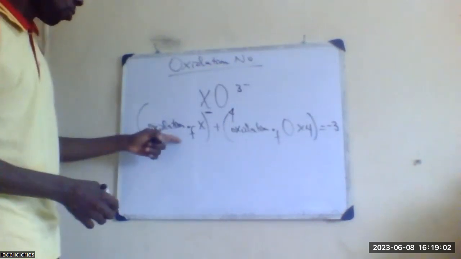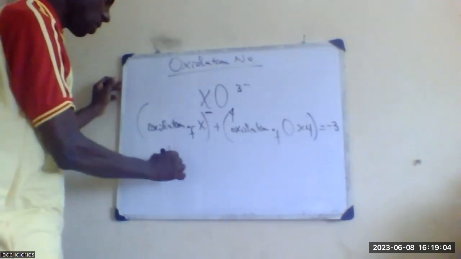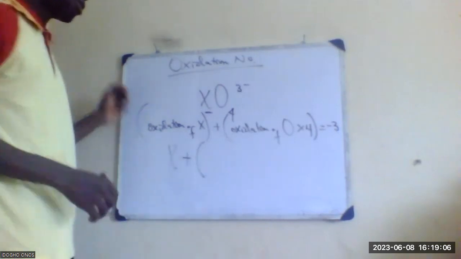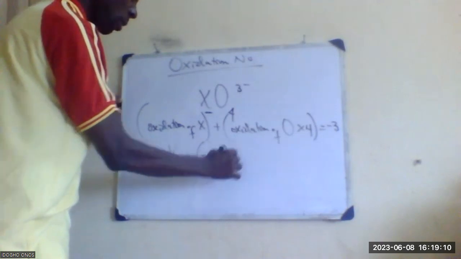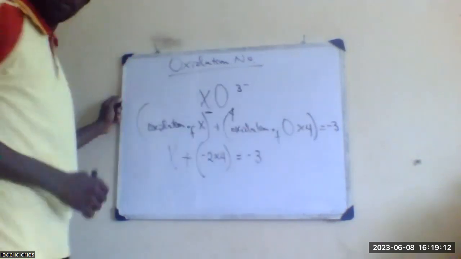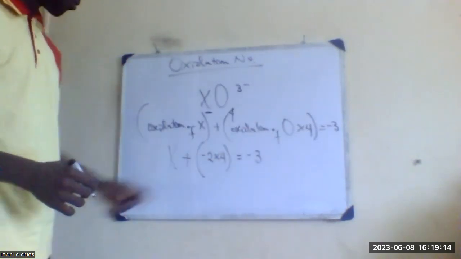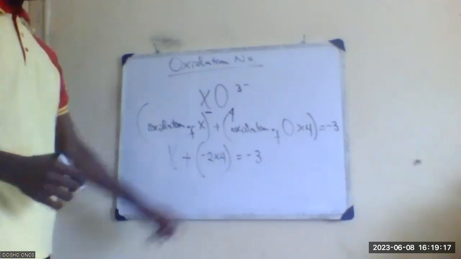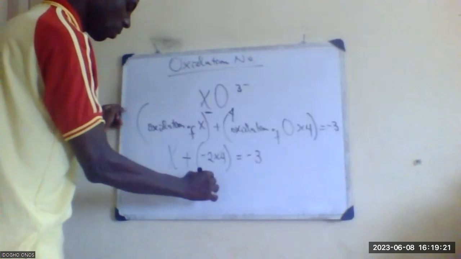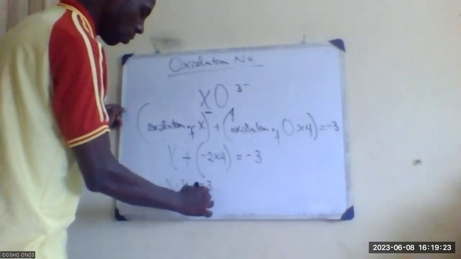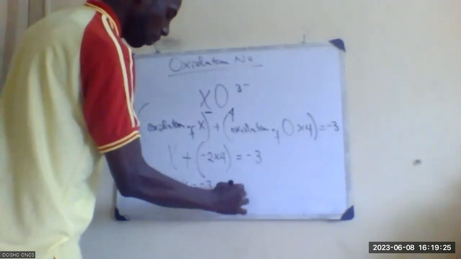Since we are looking for oxidation number of X, I'll leave it as X plus bracket. Oxygen is always -2. So that'll be -2 times 4, all equals -3. -2 times 4 gives me -8. So that'll be X minus 8 equals -3. X equals -3 plus 8, which will give me +5.